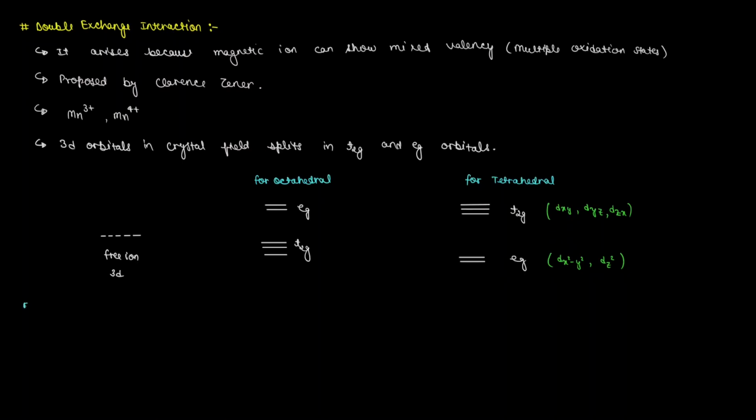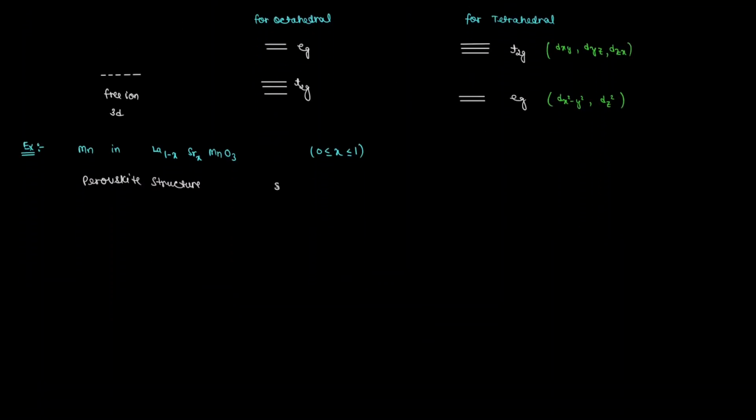Now let us consider an example of manganese in this compound, where strontium is in the fraction x and La is in the fraction 1−x, where x is between 0 and 1. This compound has a perovskite structure, where strontium is divalent, so it exists in the 2+ oxidation state, while lanthanum is trivalent and exists in the 3+ oxidation state.